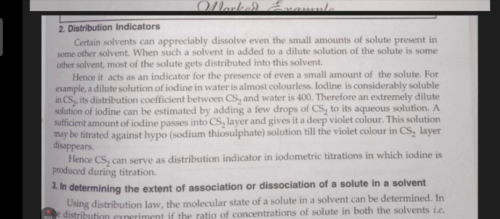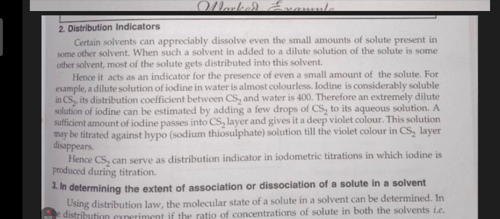Hence it acts as an indicator for the presence of even a small amount of solute. For example, a dilute solution of iodine in water is almost colorless. Iodine is considerably soluble in CS2. Its distribution coefficient between CS2 and water is 400.